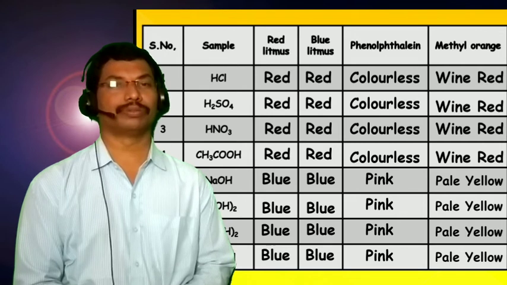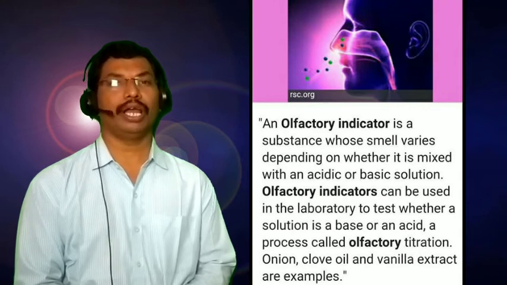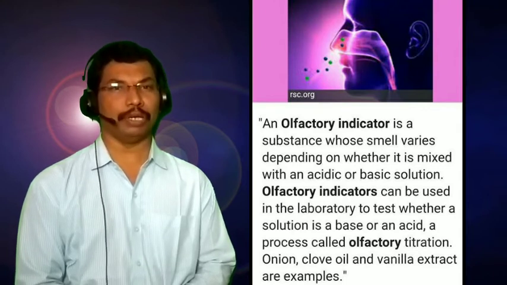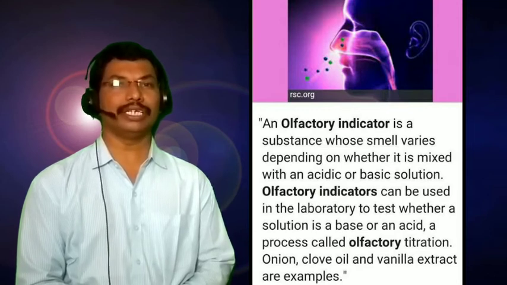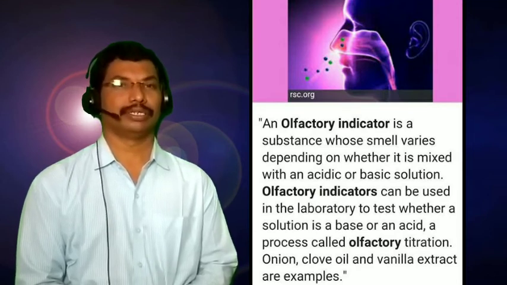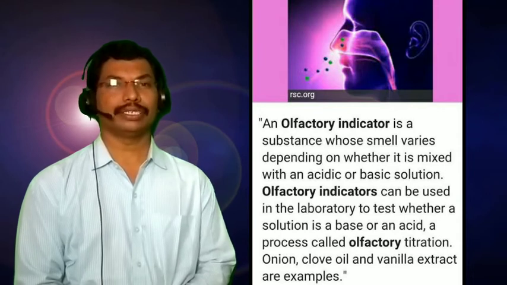Activity 2. The aim of the activity is to check the working of olfactory indicators. We already know indicators are used to check the acidity or basicity.